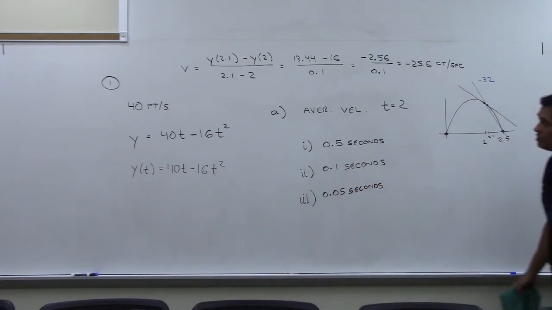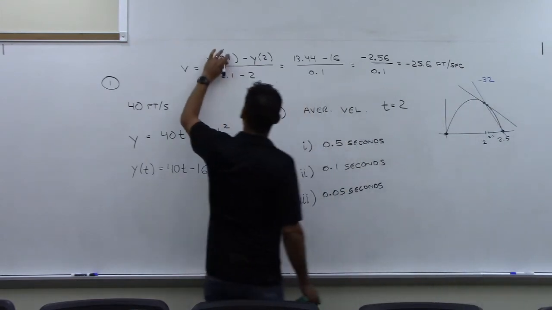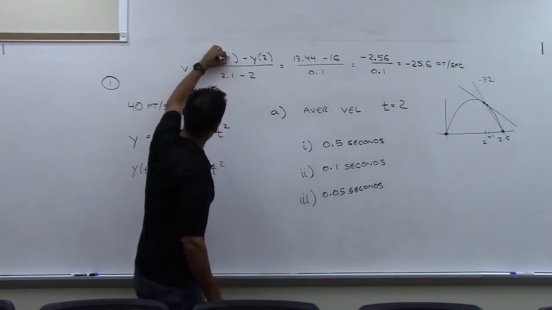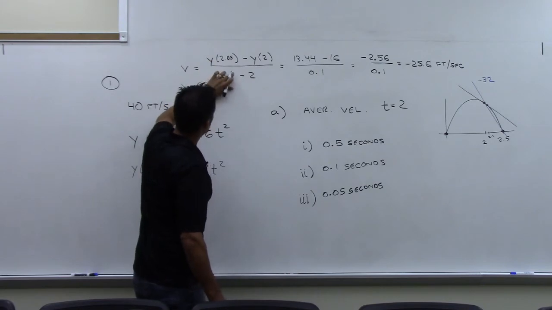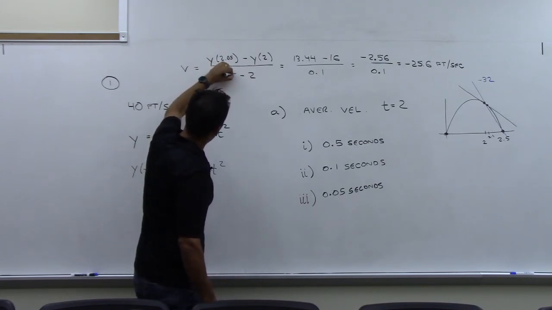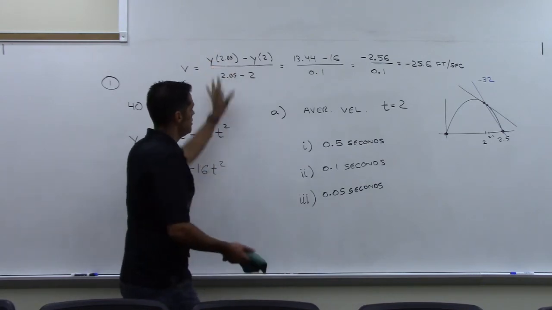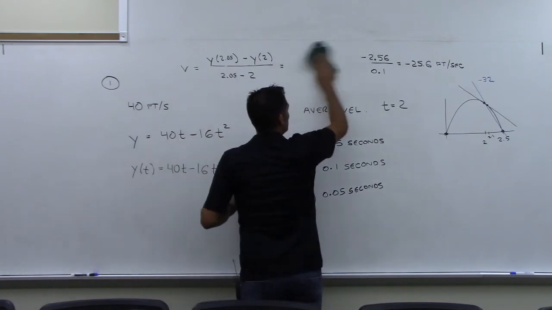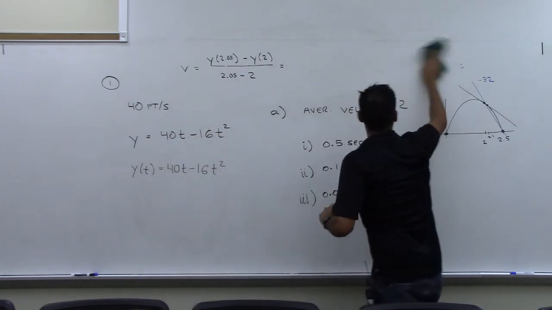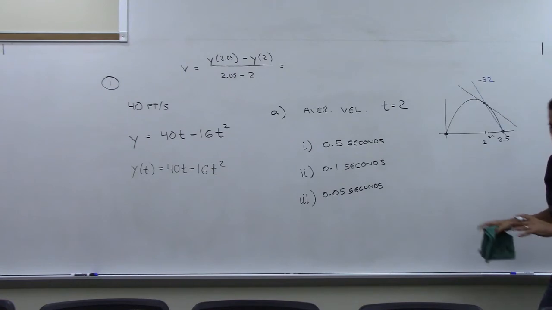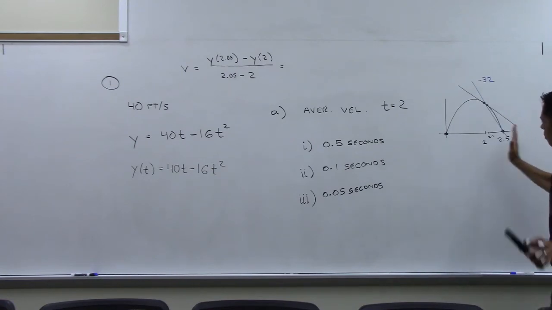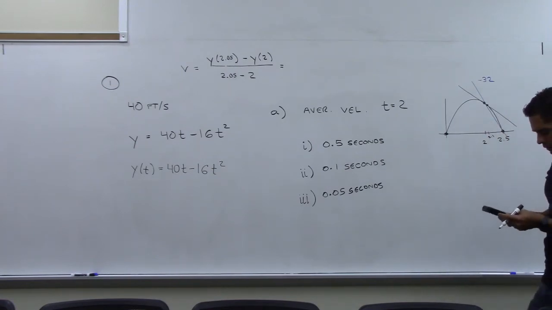So that changes this right here to 2.05, and then this one 2.05, and everything else stays the same. So we're kind of looking at t equals 2 as being kind of like the base point, and we're just moving closer and closer to it.